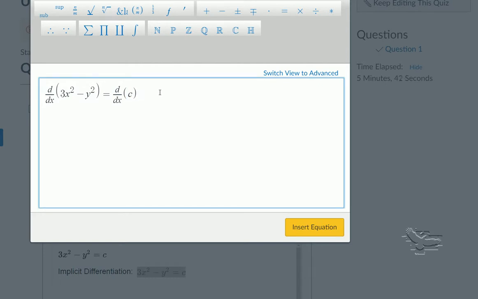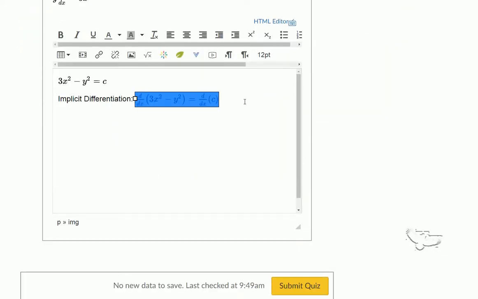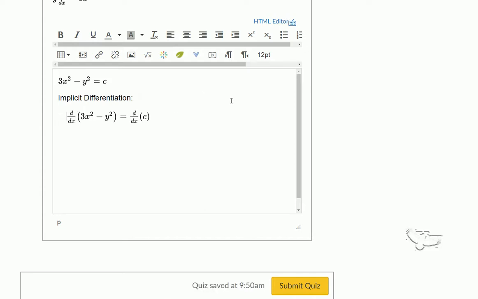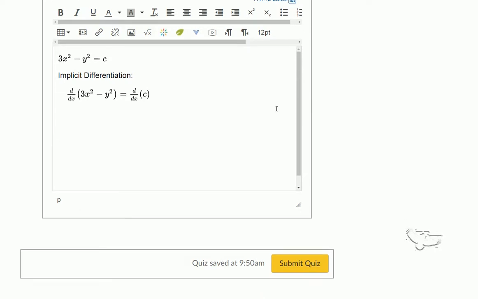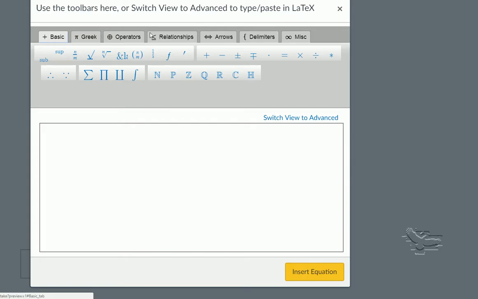And I could continue this if I want, maybe I can't, so let me just insert it. I'm going to bring that down and indent it just a little bit. And then I'll take my derivative. So I'm going to insert an equation.